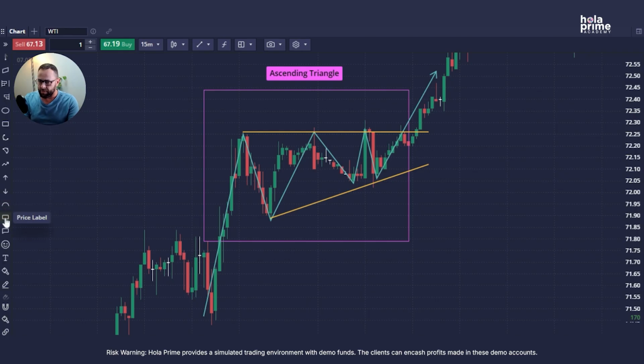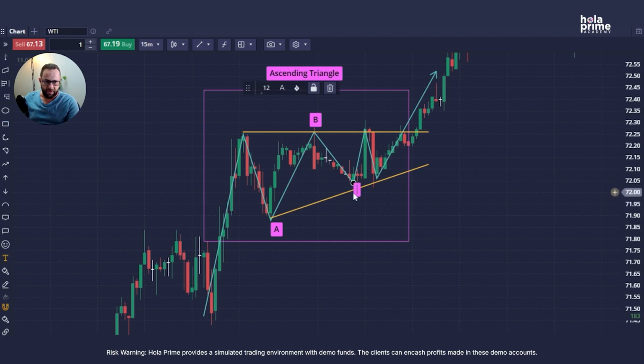Now, how would you label that? If you can remember from the previous video that I did, price moves into the high, and that first wave lower will be your A wave. The second one, in this case with an ascending triangle, would end at roughly the same level as where the correction started from, and that will be your B wave.